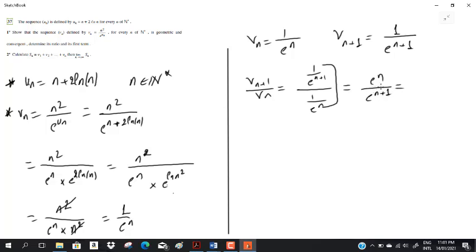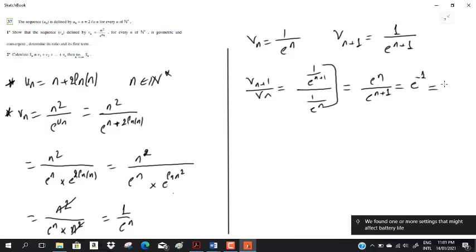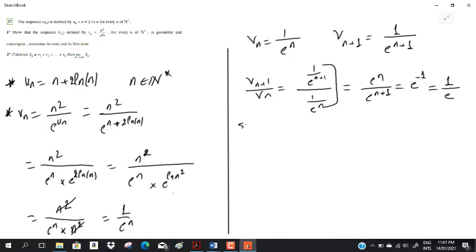When we divide two powers with the same base, we subtract the exponents, equal exponential of minus 1, which is 1 over e. The answer is a constant number, so Vn is a geometric sequence with common ratio r equal 1 over e, and first term V1. We can't say V0 because n belongs to N star. V1 equal 1 over e power 1, which is 1 over e also.